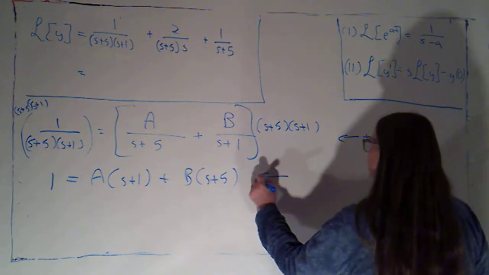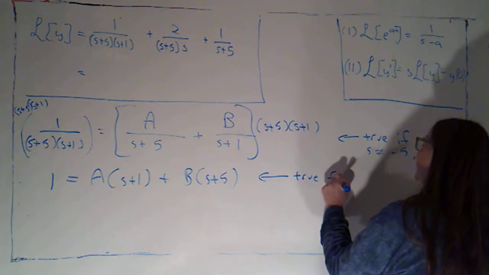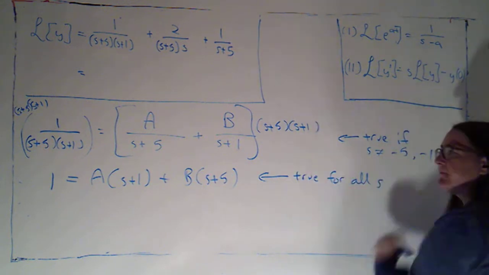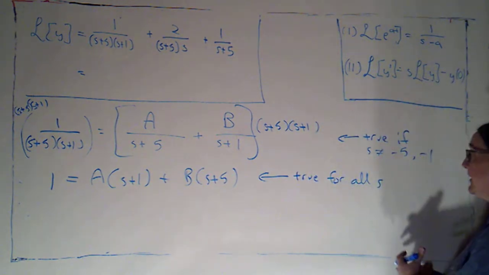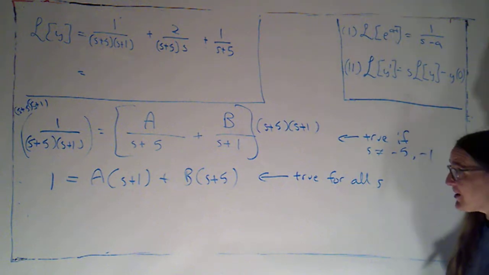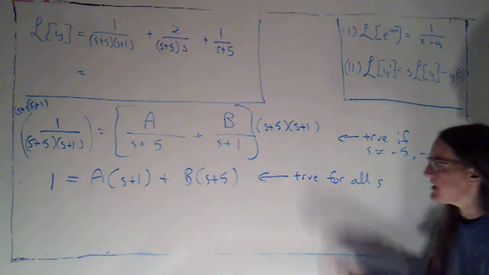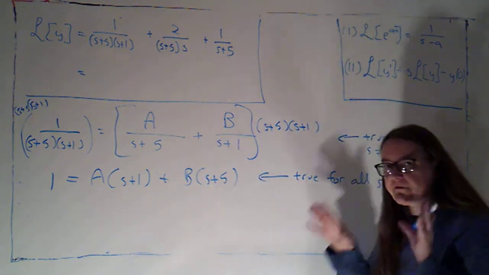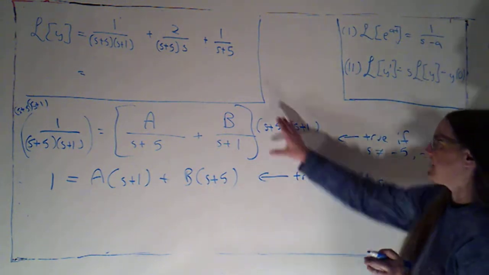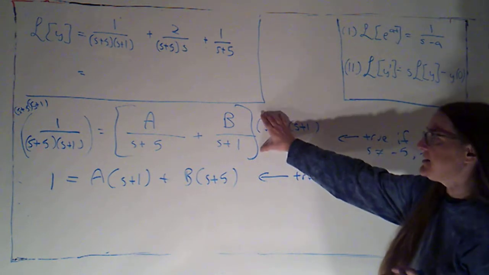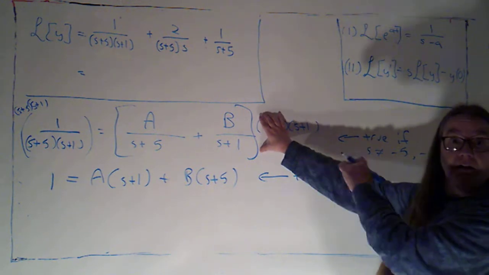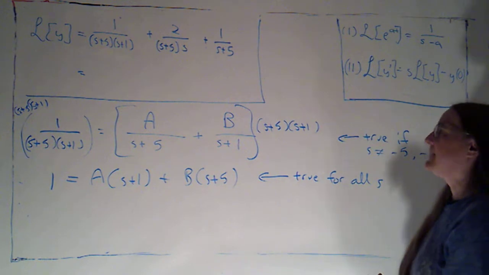So this one is actually true for all s. By removing them from the denominator, I remove the fact that the equation isn't true at those particular s values. Okay. So I'm looking for the values of A and B that will make this equation true for every single value of s. That will be the same values of A and B that make this equation true everywhere where it's defined, which is everywhere except at -5 and -1.